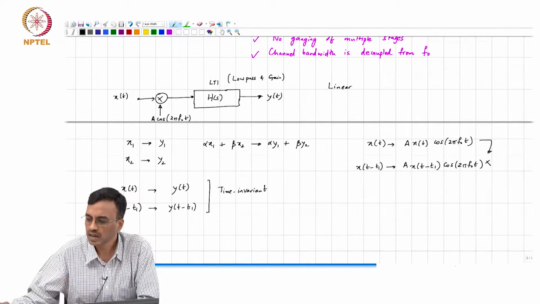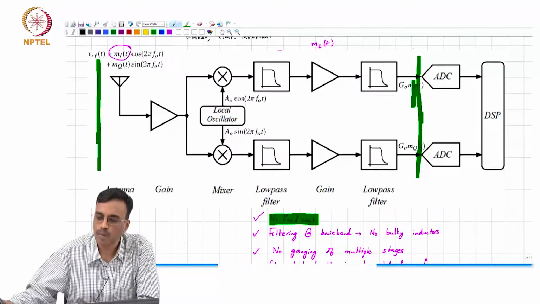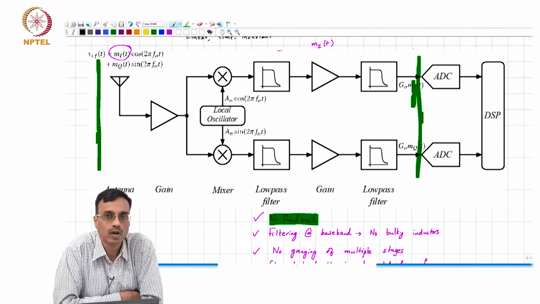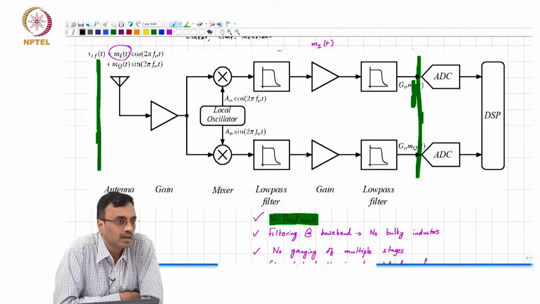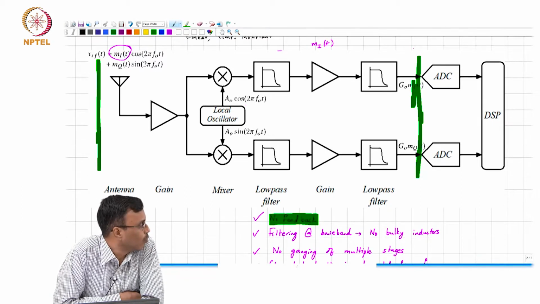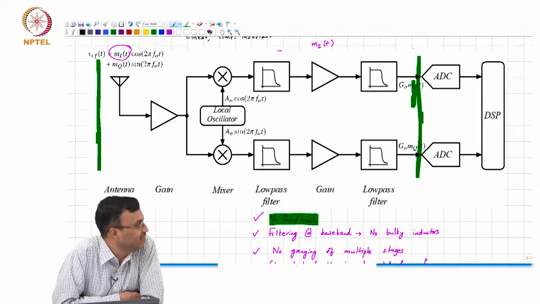So, as you can see, the key point that makes the modern radio receiver work is there is a fundamental difference between the tuned RF receiver and the modern radio receiver. If you want to think of one key feature that makes it work, it is the exploiting of time variance.